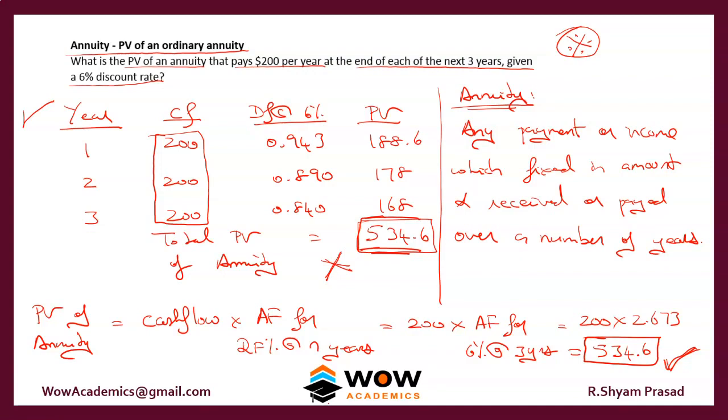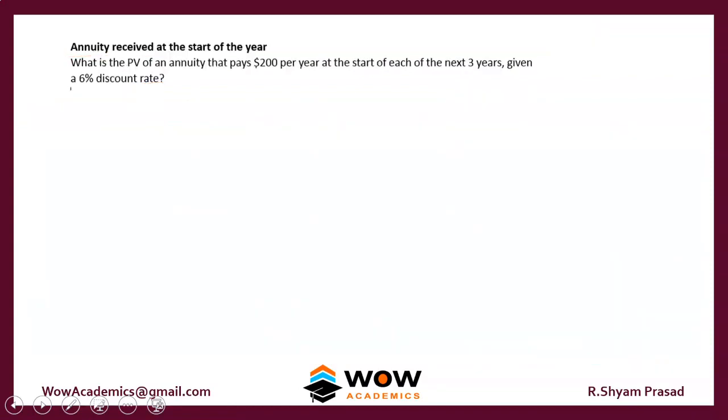So ensure that you identify an annuity very quickly, use the annuity factor table quickly and get the answer. The question will not ask you to find the present value of an annuity, that's very simple. They'll only test you indirectly. Okay, so we'll move on to the next problem.